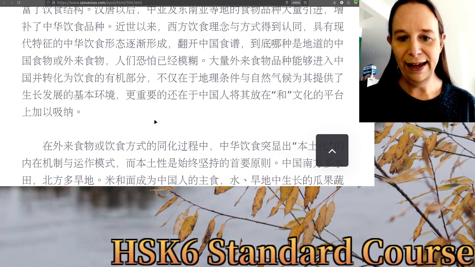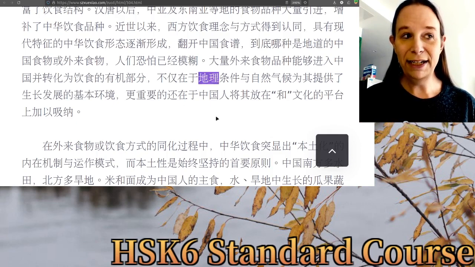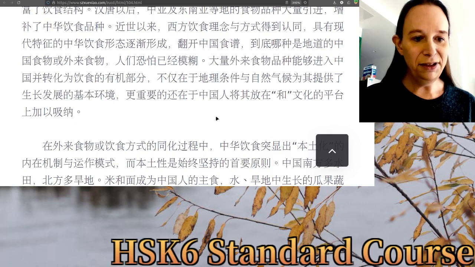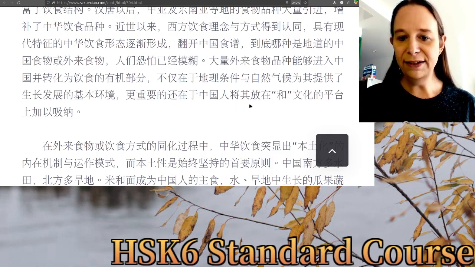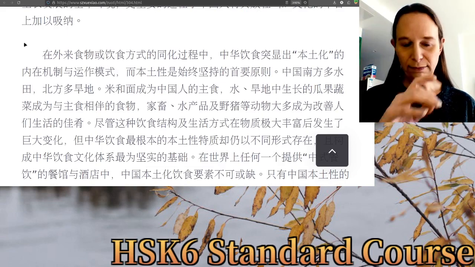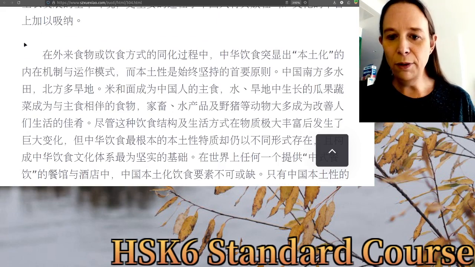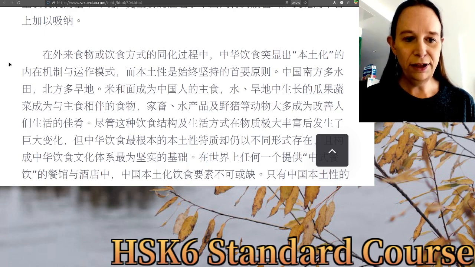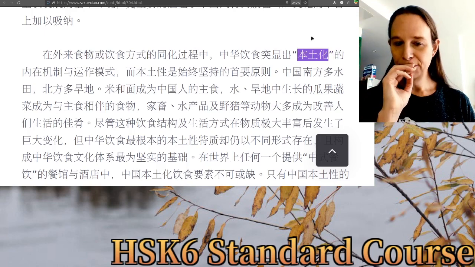不仅在于地理条件 geographical conditions 与自然气候为其提供了生长发展的基本环境。更重要的还在于中华人将其放在和文化的平台上加以吸纳。在外来食物和饮食方式的同化过程中，中华饮食凸显出本土化的内在机制与动作模式。This is 本土化 something like localization.